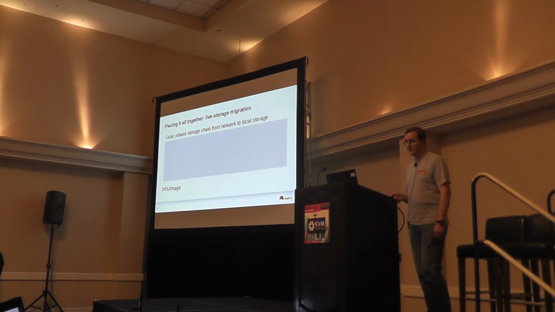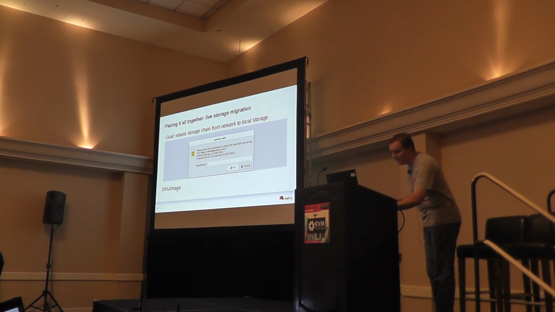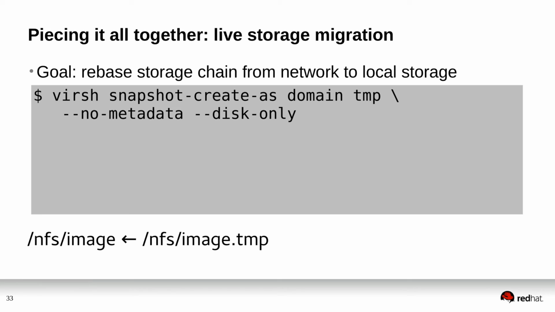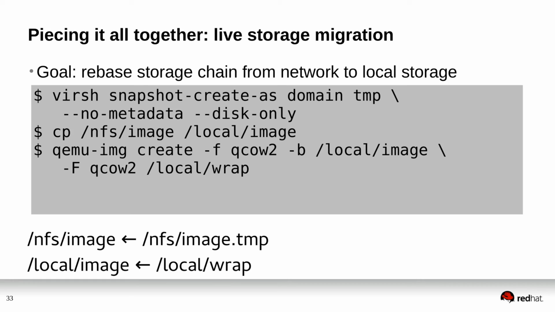And live storage migration. Let's say our storage chain is running on network storage, and for efficiency, we want it on local storage, but we don't want guest downtime. Create our snapshot similar to what we've done before. Use our fancy SAN copy commands to copy things locally.